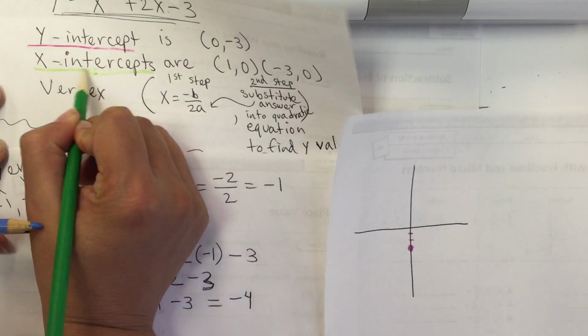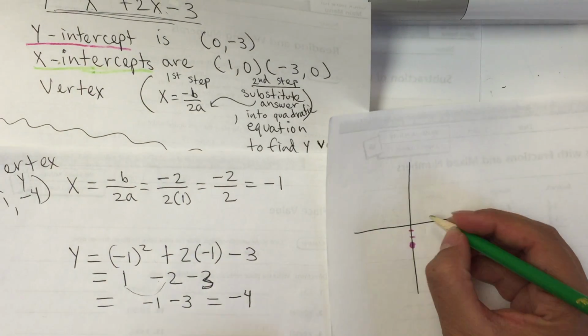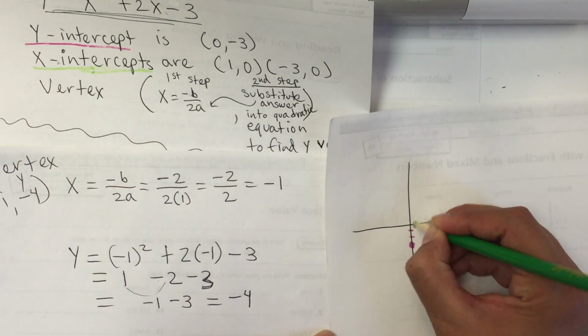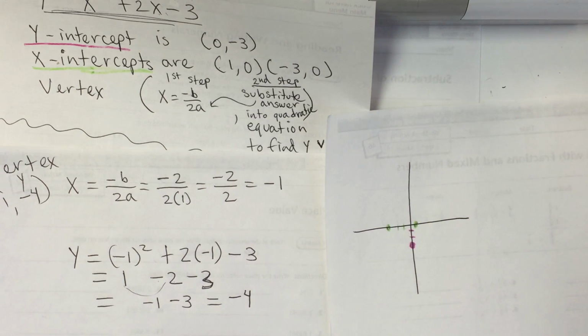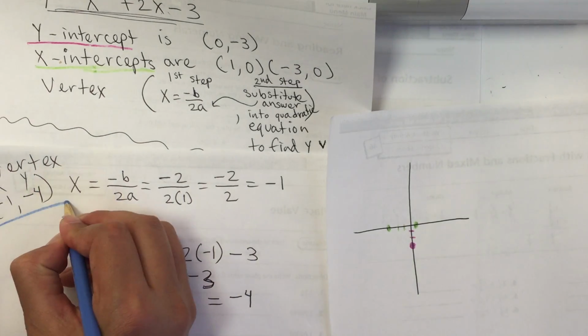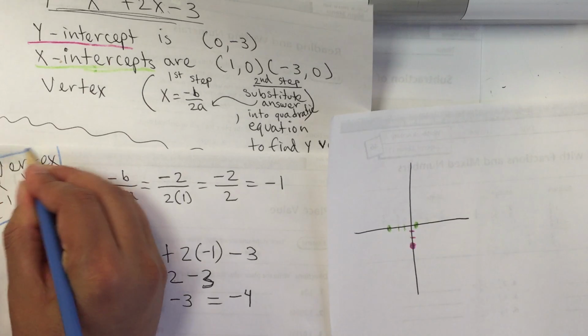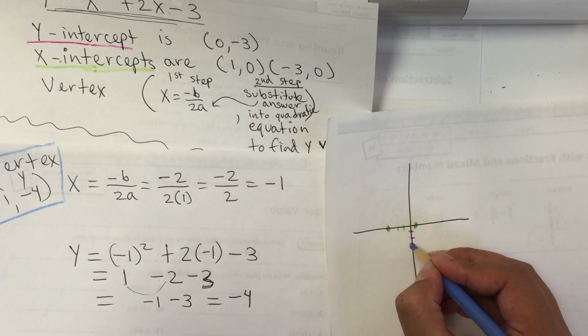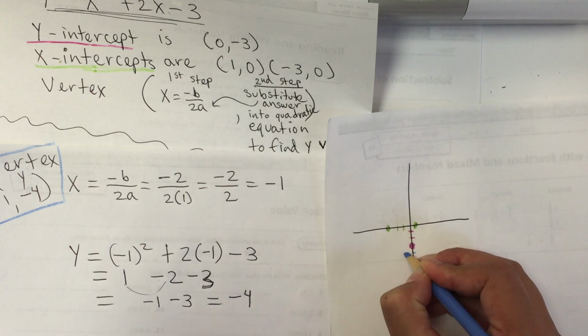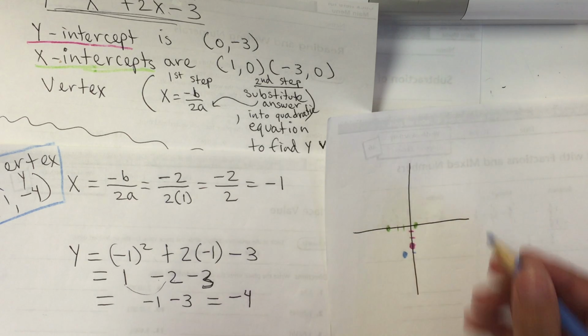So I'm going to put 1 and then negative 3 about here. And then my vertex, which I just found, it's going to be at (-1, -4), and it's right there.